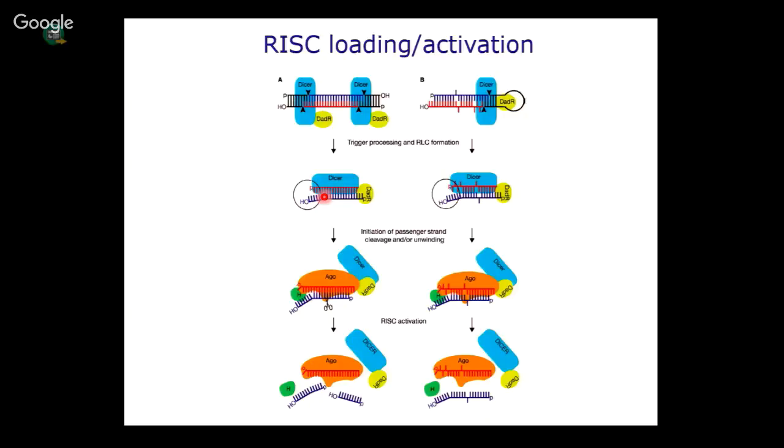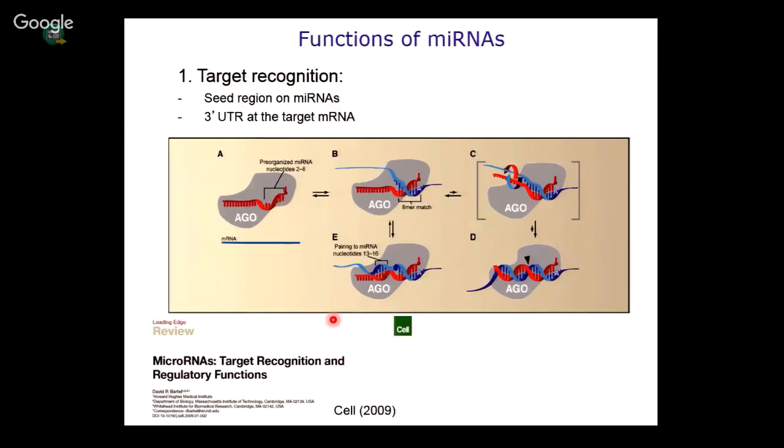There are other proteins that help determine the orientation of RISC loading for those double-stranded RNAs. After RISC loading, the single-strand microRNA on the RISC complex will recognize the target mRNA. During target recognition, we can zoom in and hypothesize multiple steps.